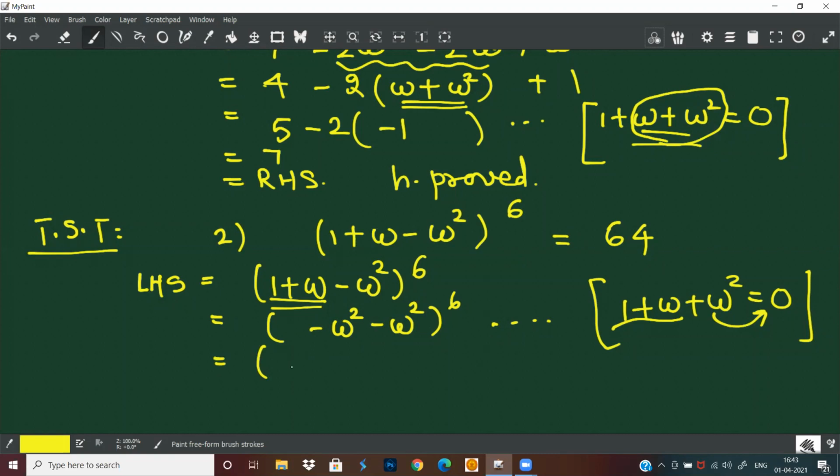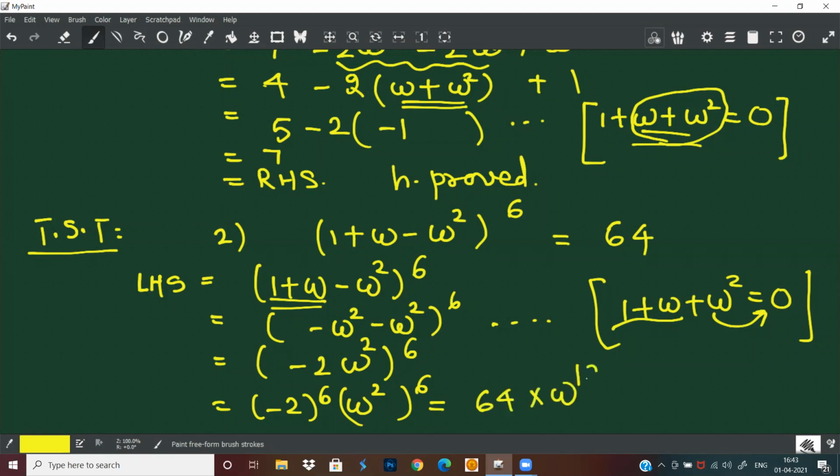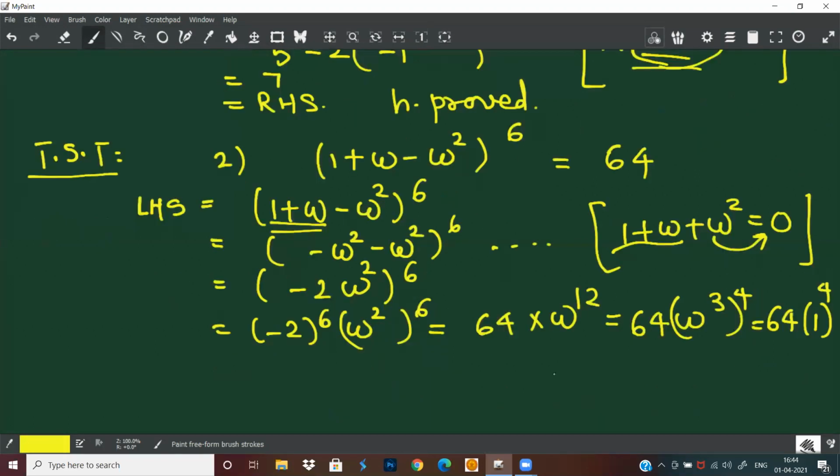Minus omega square is minus 2 times omega square. So it is minus 2 raised to 6 into omega square raised to 6. Now I'm writing in the same line. So minus 2 raised to 6 is 64. Omega raised to 12, which is 64 omega cube raised to 4. Omega cube is 1. I wrote it on one line, my RHS, so that you all can see.